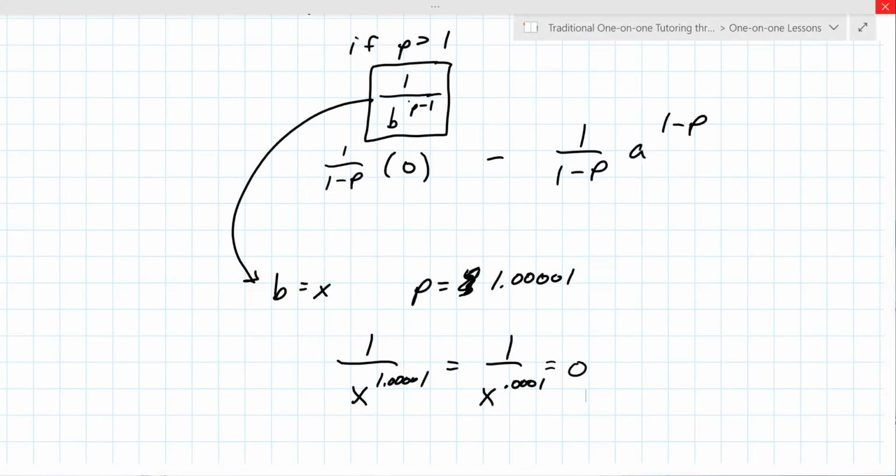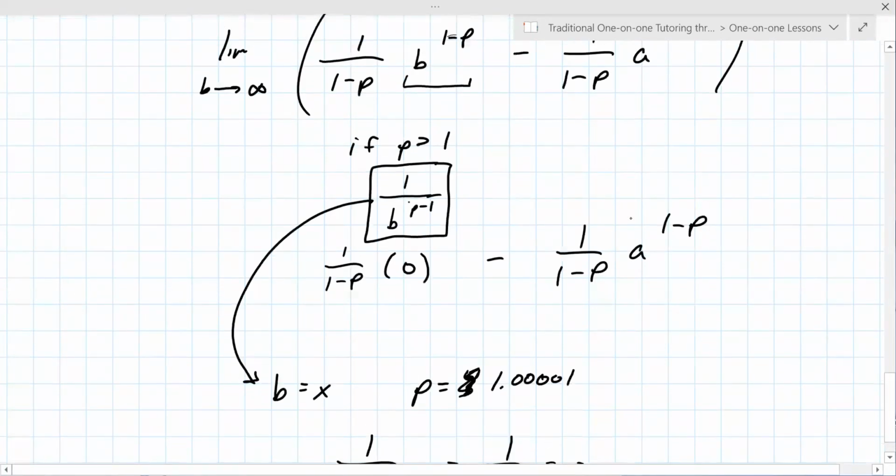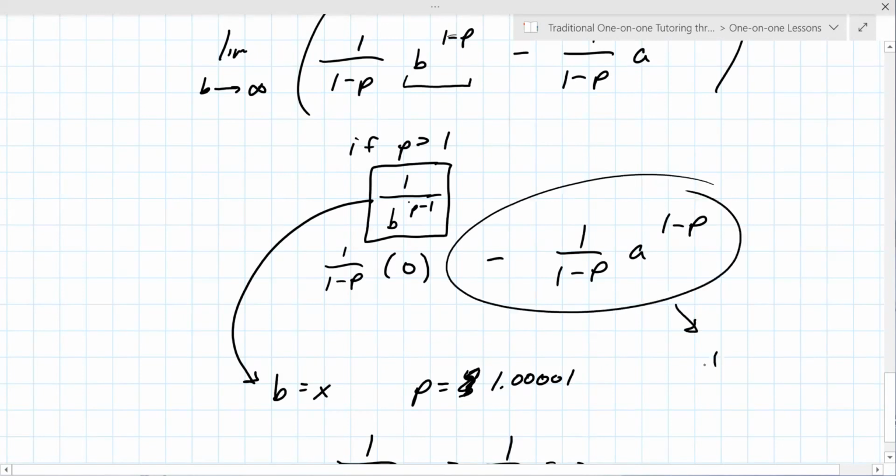So to finish it up, this part is often written as 1 over P minus 1, putting the negative on the bottom, A to the 1 minus P. A is the lower bound of the integral, which I don't know what it is. It could be 1, could be 2, could be really anything.